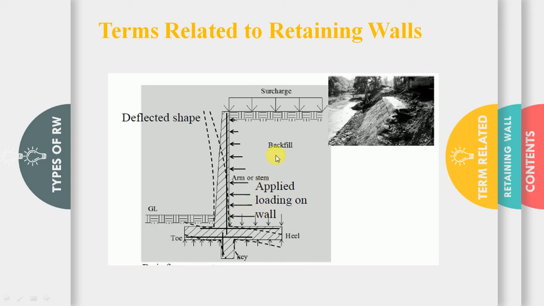Now when the earth pressure acts on the retaining wall, it can deflect the retaining wall. You can see that in the figure. Now here the ground level, toe, key and heel.